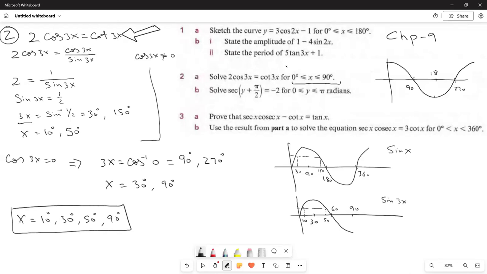Okay, so this was question number 2a. Now I will solve question number 2b. Let me erase everything here again.